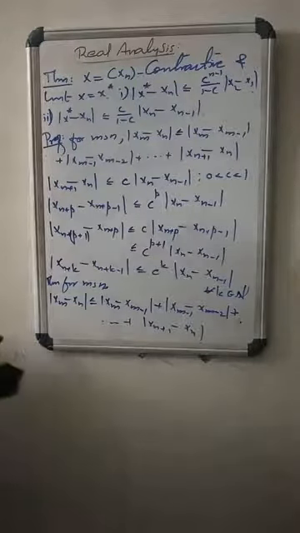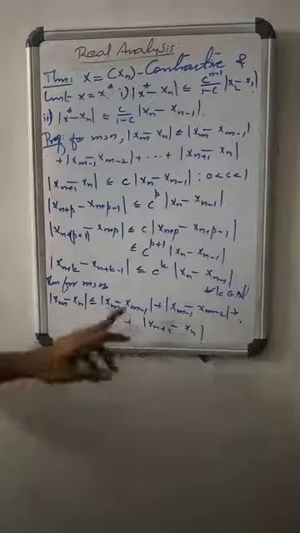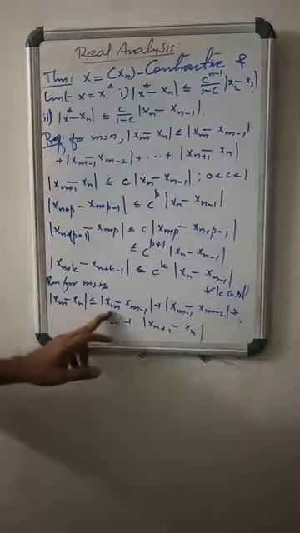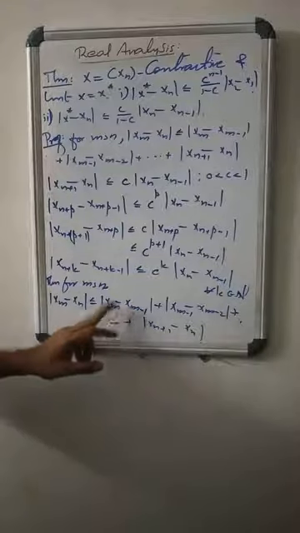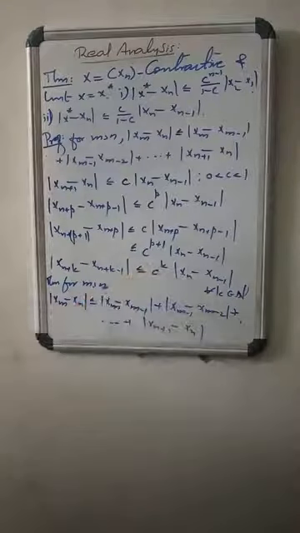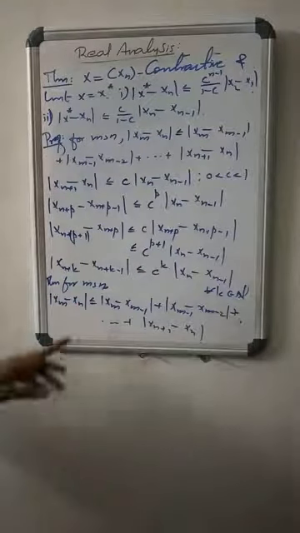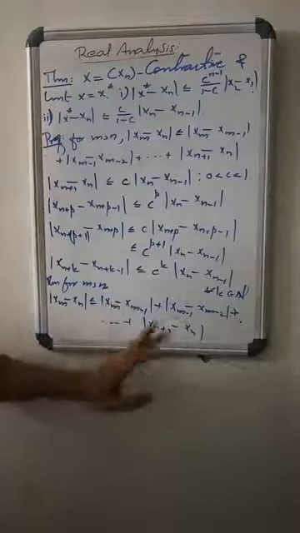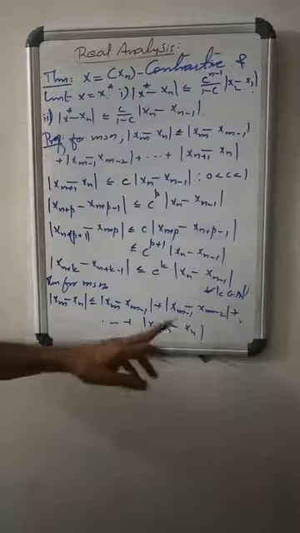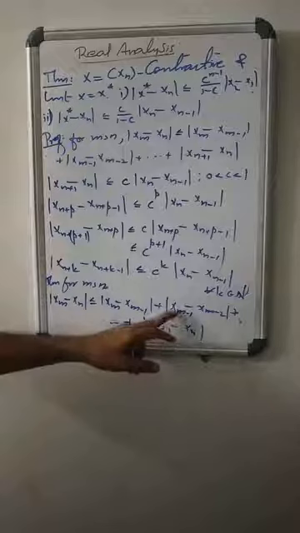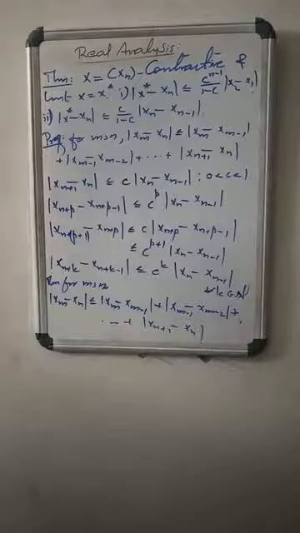So modulus of x_m minus x_{m-1} is less than or equal to c^{m-n} into mod x_n minus x_{n-1}. Agreed? What about the next term? It is c^{m-n-1} into mod x_n minus x_{n-1}.